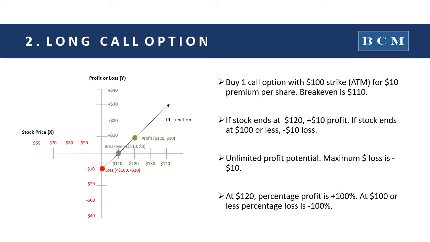That's because if we take the $10 profit and we divide it by the $10 capital that we invested, that is 100%. On the other hand, for the stock, we would make a $20 gain from 100 to 120. However, that would only amount to a 20% return because we had to invest $100 up front. So the call provides a leveraged return relative to the stock.